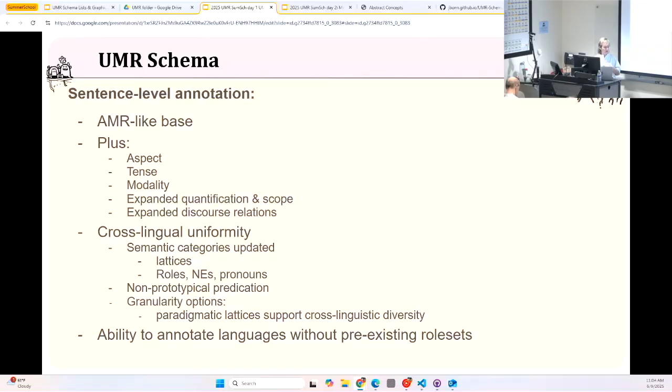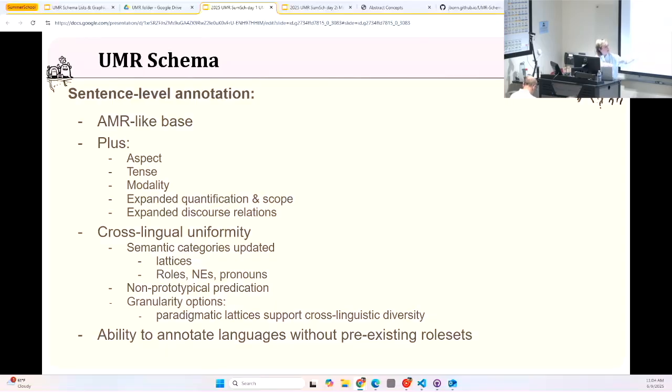So there were semantic category shifts that needed to happen. They revamped the categories for the semantic roles to reflect the roles that appear. They did a huge survey on roles that appear more commonly across languages.